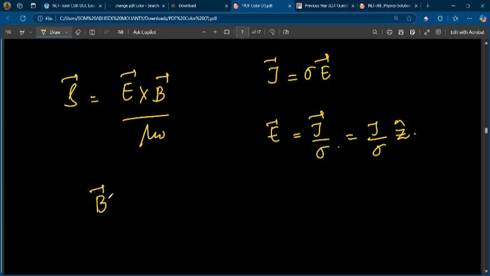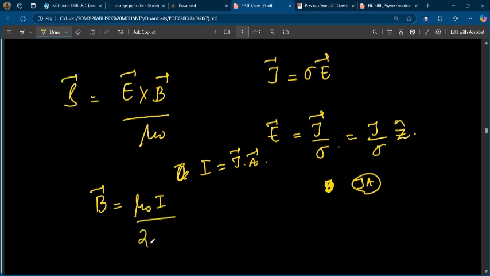Now magnetic field because of a wire. Current is equal to J dot A, or J A simply. For a cylindrical wire, the magnetic field is mu naught I by 2 pi r, and it will be along phi cap.